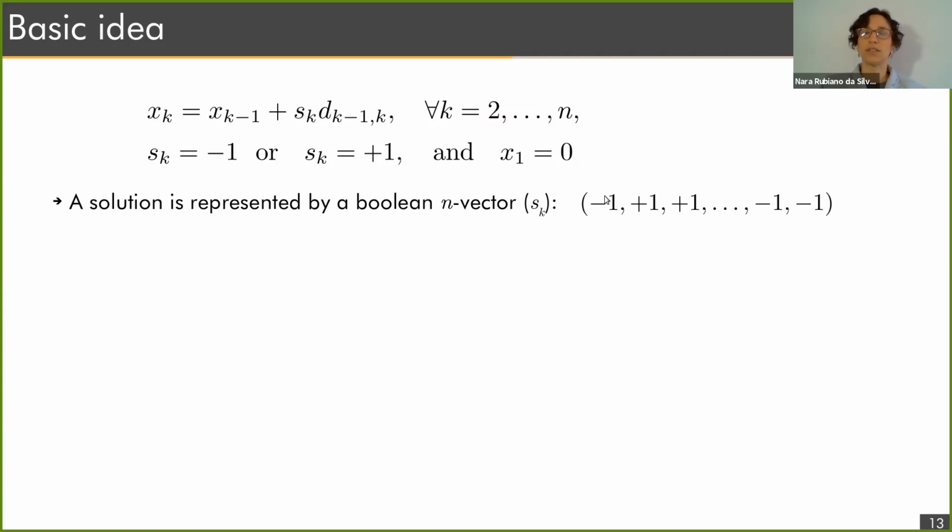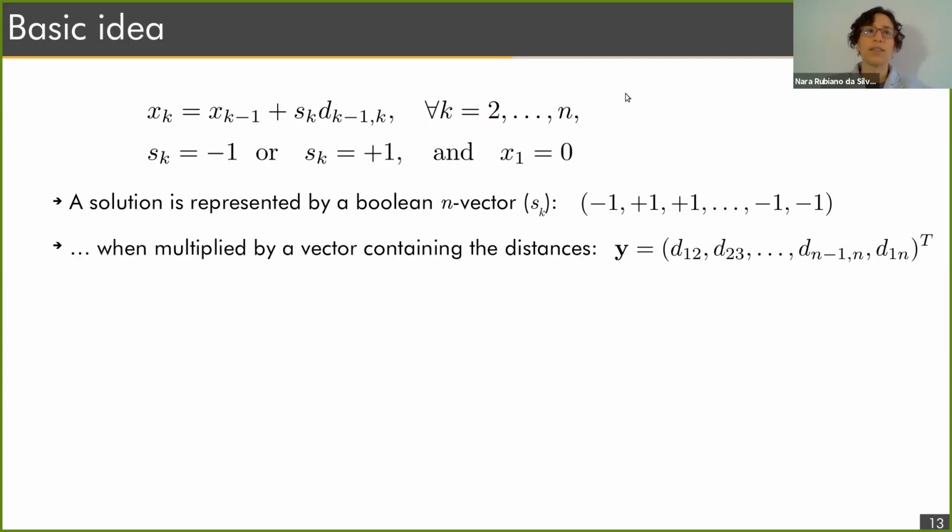For instance, here in this vector, I collected one realization where the first sk takes the value -1, the second +1, the third +1 as well, and so on.